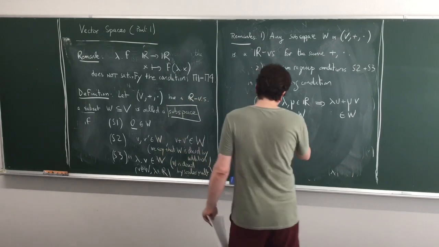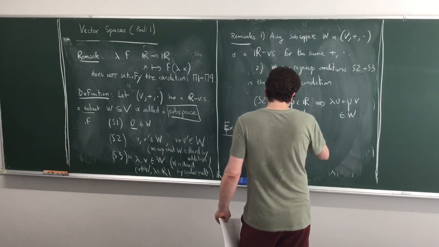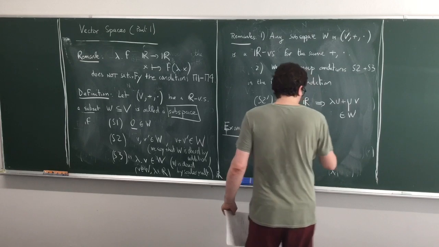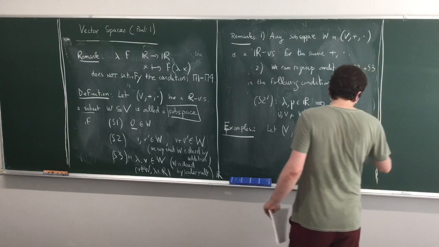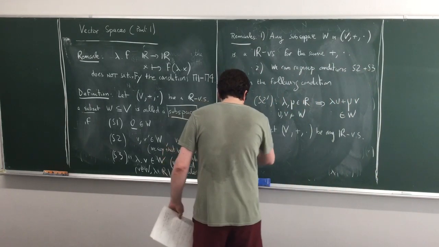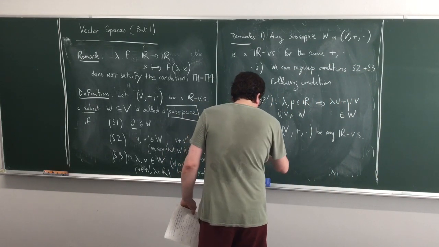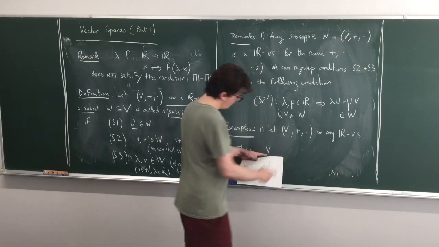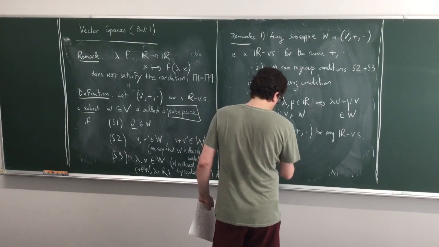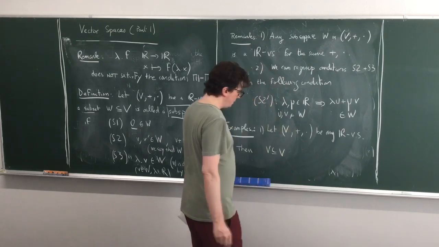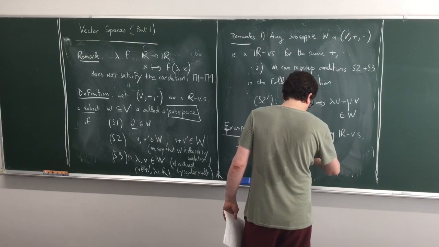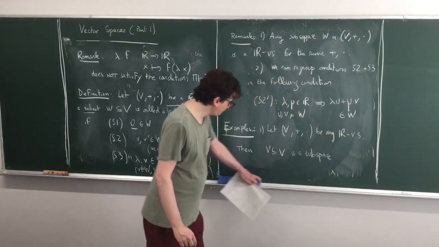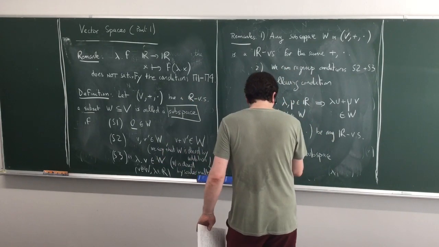Well, first of all, if we are given V, any R vector space, then V itself can be considered as a subset of V. This is also a subspace of V of itself.